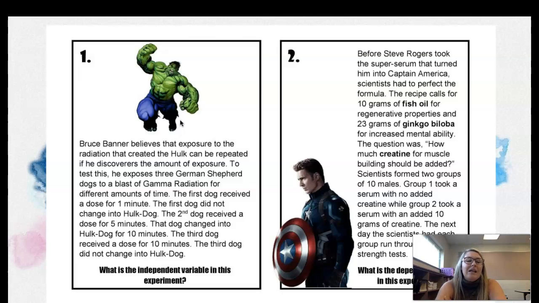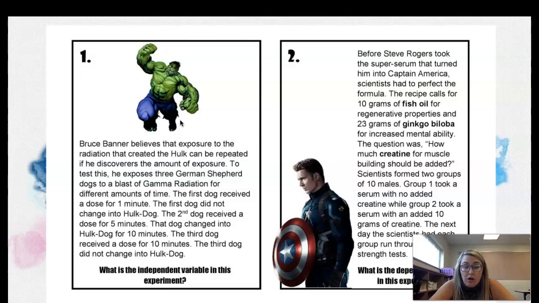So what is the independent variable in this experiment? Remember that the independent variable is what you're changing to get results. We're trying to see what we're changing to make something turn into the dog with Hulk features. So what is the main thing you're seeing in this scenario that's changing? I see that they're using a dog and that it received a dose for 1 minute.